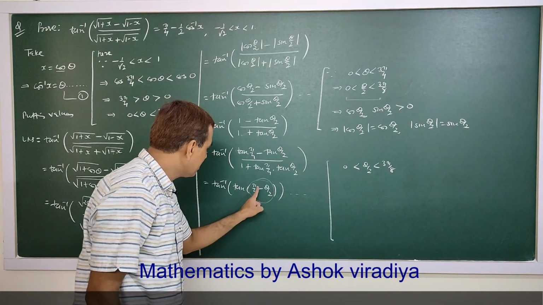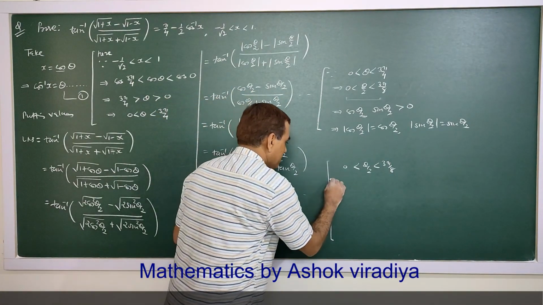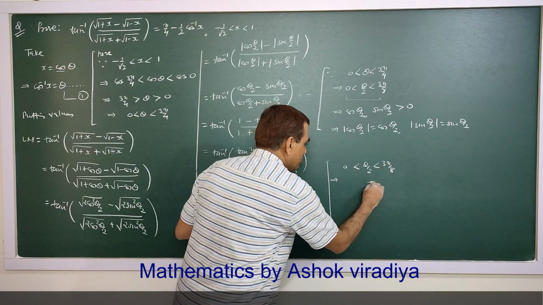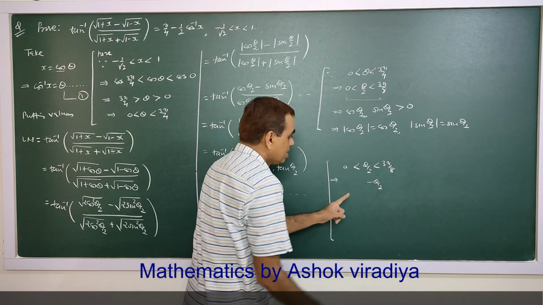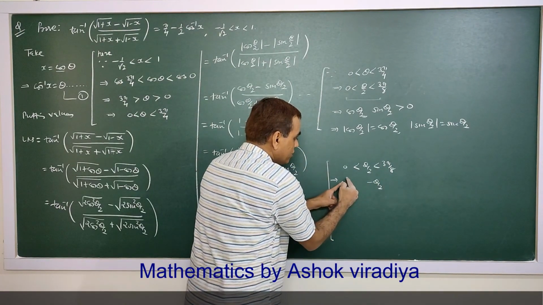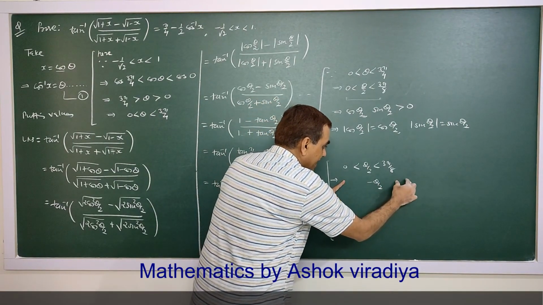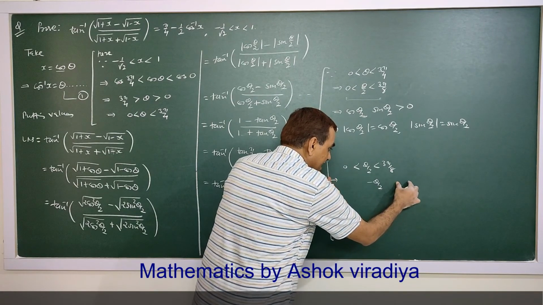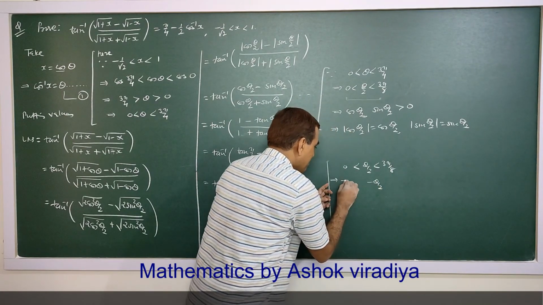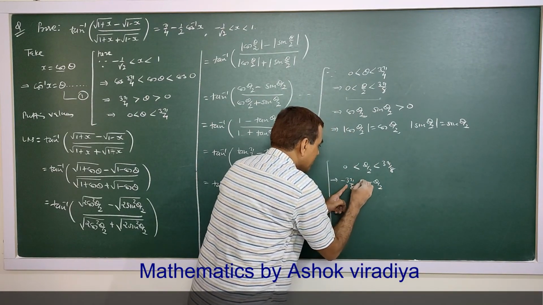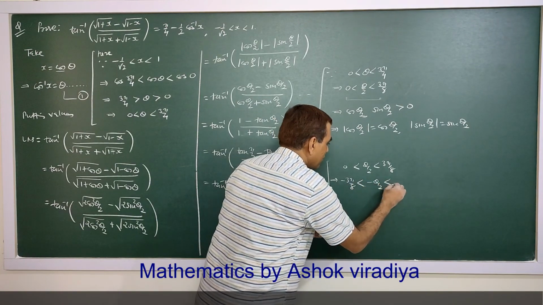To create this number, I multiply by minus 1. Multiplying by minus 1, the inequality will be changed: 0 is more than minus 3 pi by 8. But arranging from smaller to greater, minus 3 pi by 8 comes first, then 0.